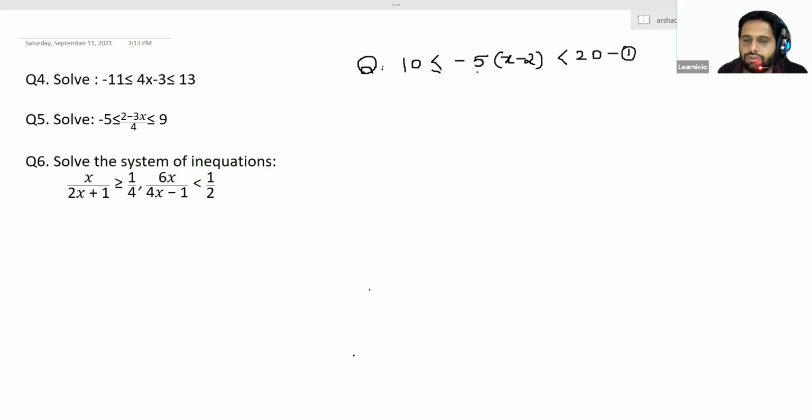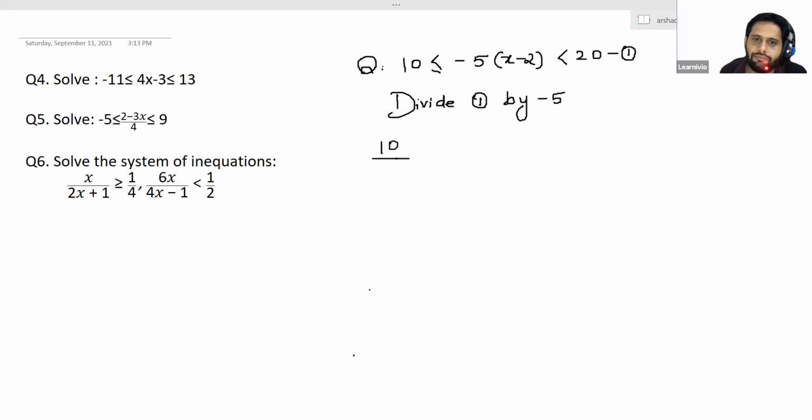So Rishan, can you tell me how we can remove this -5? Not multiply, divide with -5. So divide this complete inequality with -5.